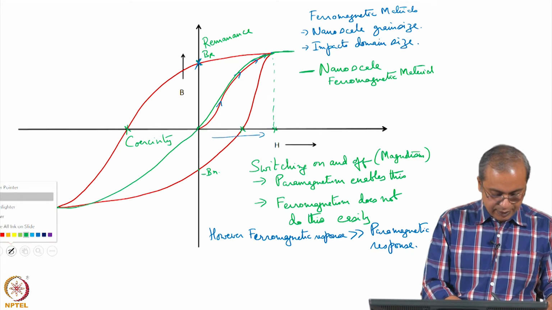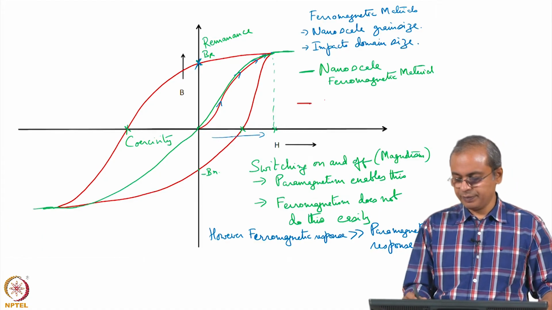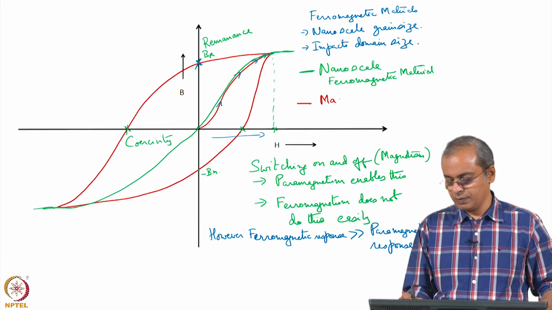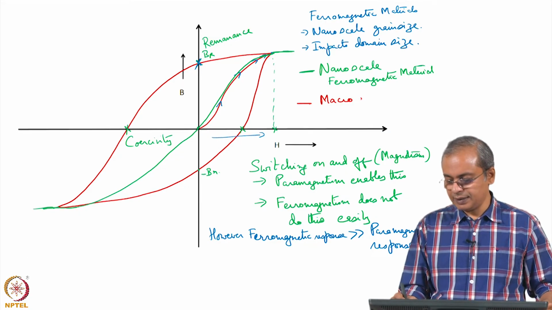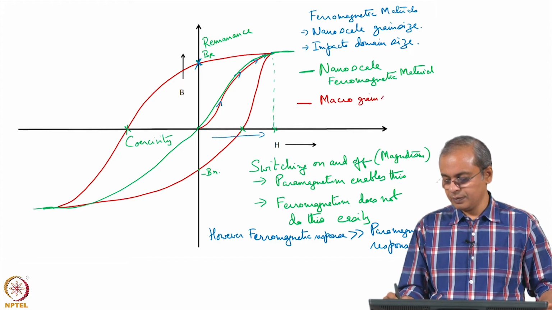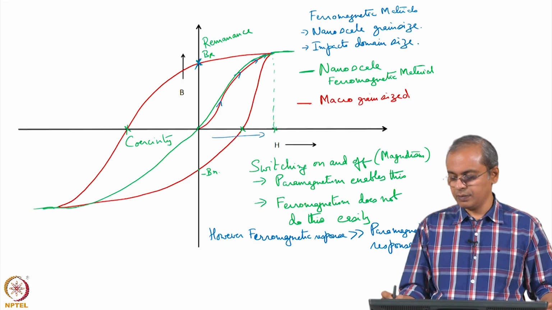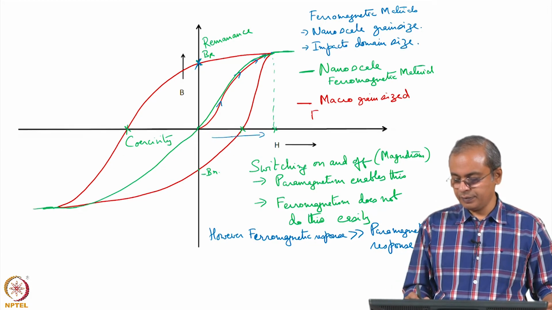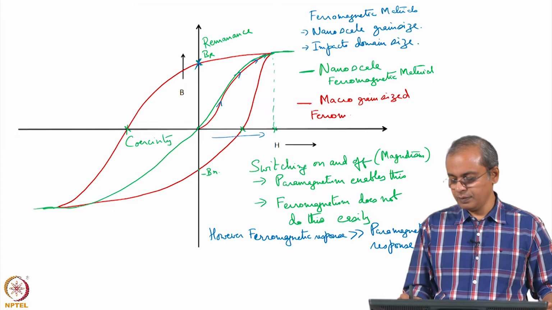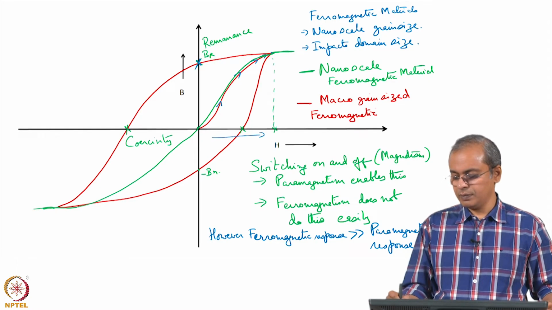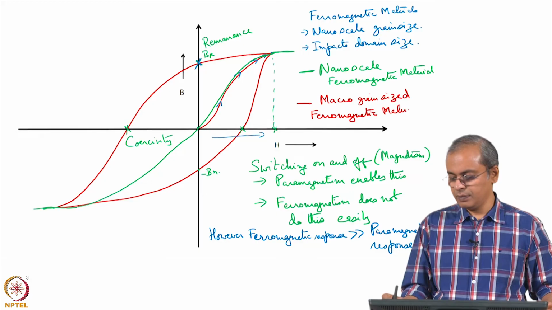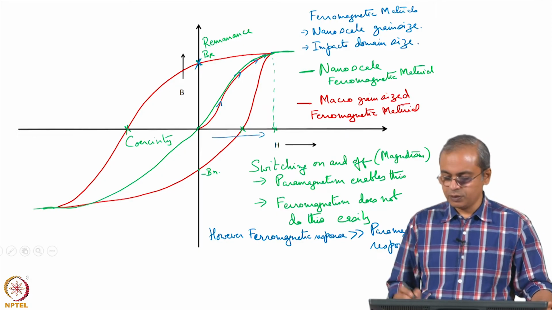The red is the macro scale ferromagnetic material, macro grain sized.